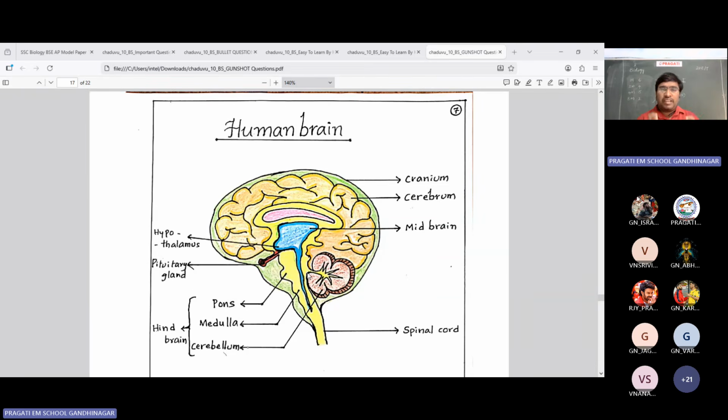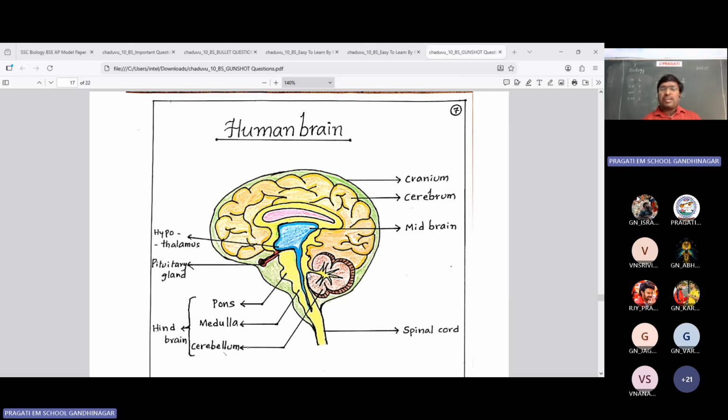Please keep it in your mind: if it is a voluntary action like writing, reading, running, it is coordinated by the cerebrum. Involuntary actions are controlled by the medulla oblongata in some actions, the cerebellum, hypothalamus and so on. Involuntary actions are controlled by the midbrain and hindbrain parts.